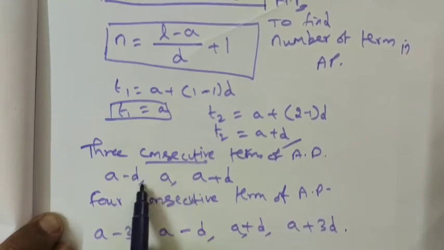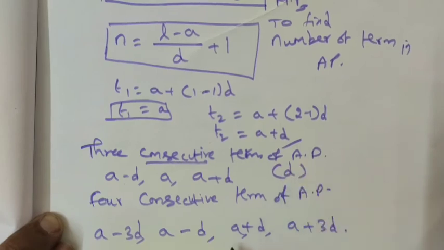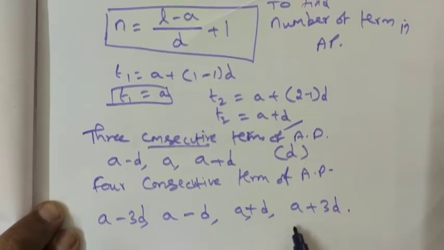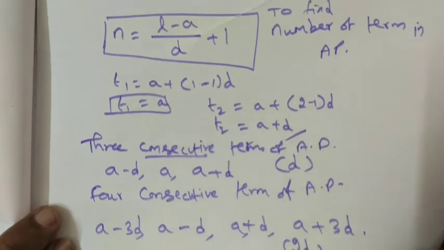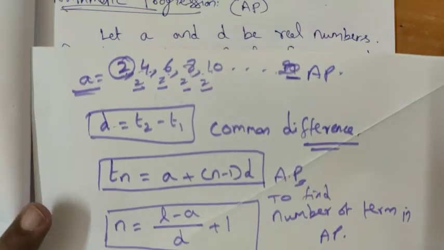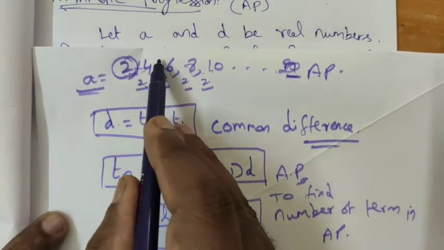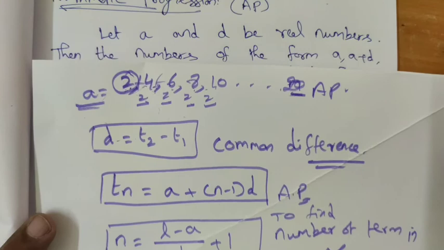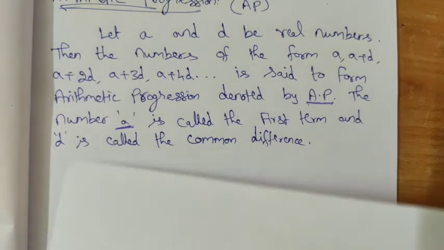See, in three consecutive terms, D is the common difference. In four consecutive terms, 2D is the common difference. When the terms of a sequence are joined by the plus symbol, we call it a series.